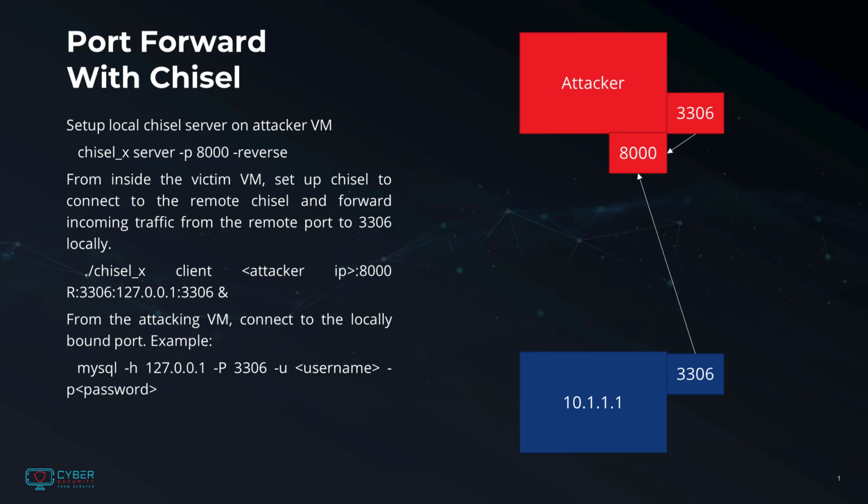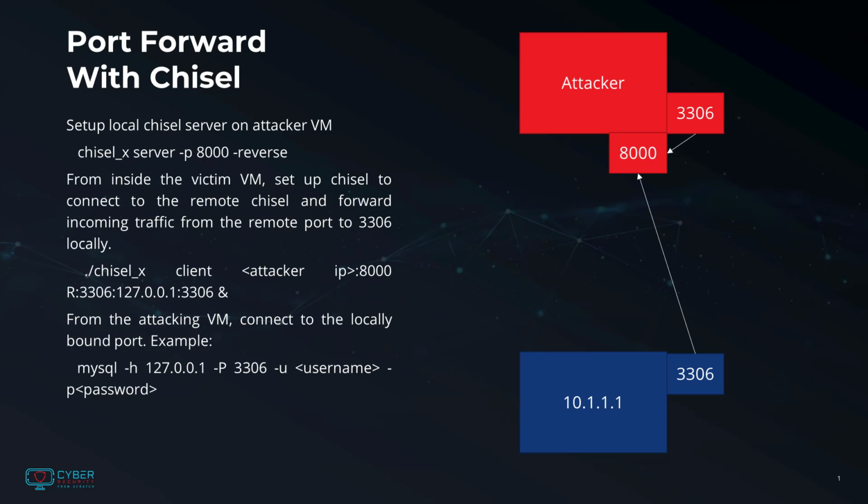And then from inside the victim VM, if they have the Chisel binary placed, they can instruct the Chisel program to act as a client in reaching out to the attacker IP address in port 8000, and then it will say that they want to establish a connection from remote port 3306 on the target VM and port 3306 on the attacker VM.